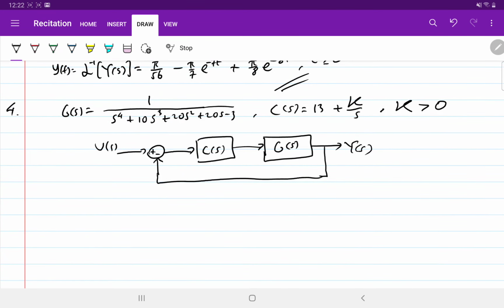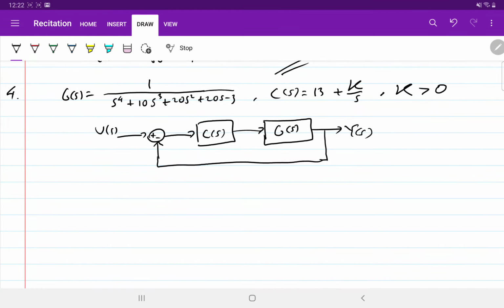Okay, so basically we need to use the Hurwitz criterion or the Routh table to determine the range of k that makes the closed loop system stable. Right, so first step is, of course, we need to compute the closed loop transfer function y of s over u of s.